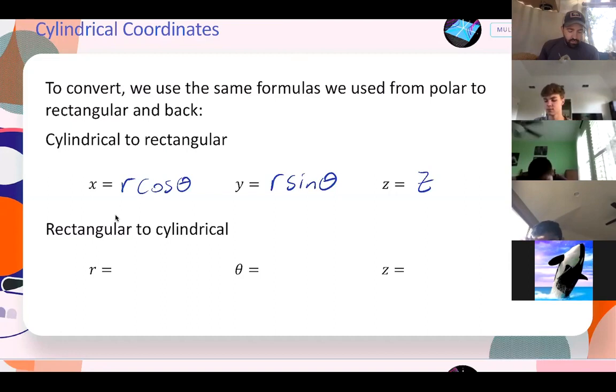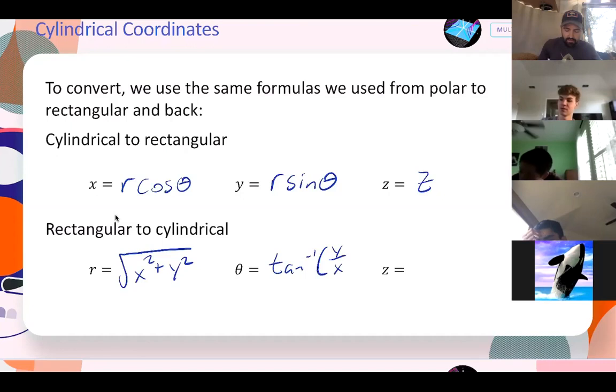Going the other direction, r is just a distance, so you could either think of it as a distance formula from the origin to your point, x, y, or you could do it as a Pythagorean theorem. But it's just the square root of x squared plus y squared. Okay, theta, again, you could think of it as use right triangle trig, and what it's going to be is the inverse tangent of y over x.